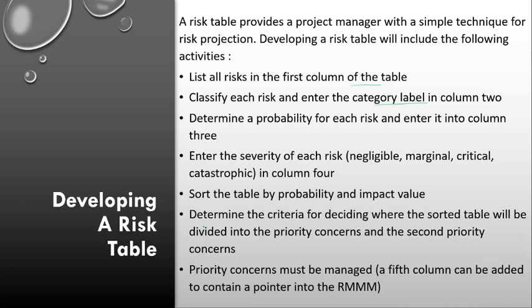Then determine the probability for each risk. These are all columns that we will see in the table on the next slide. So what we have to do is list all the risks, then classify each risk and enter its category.